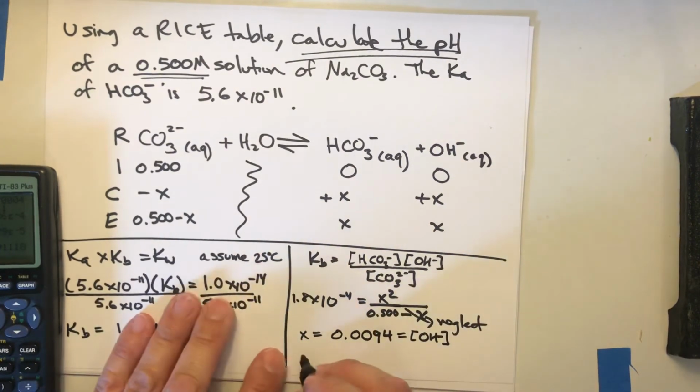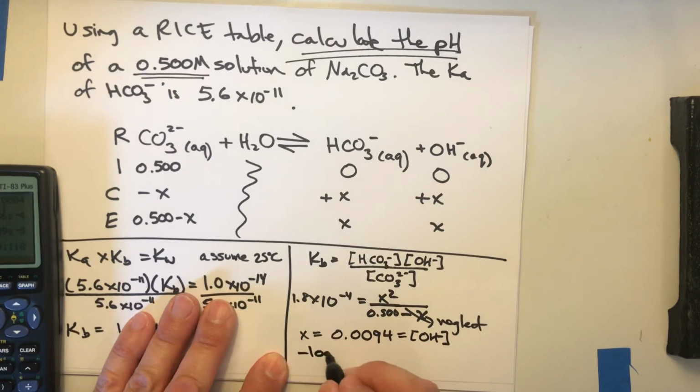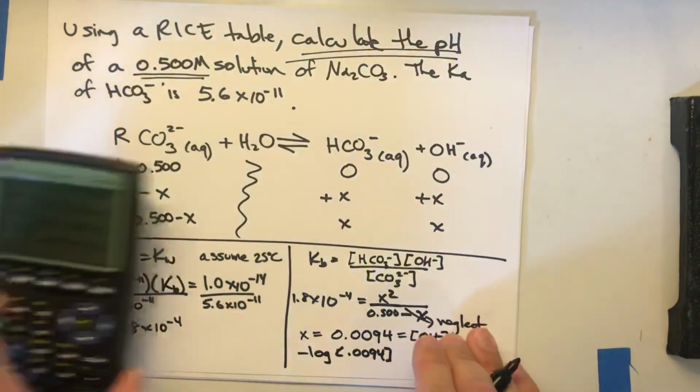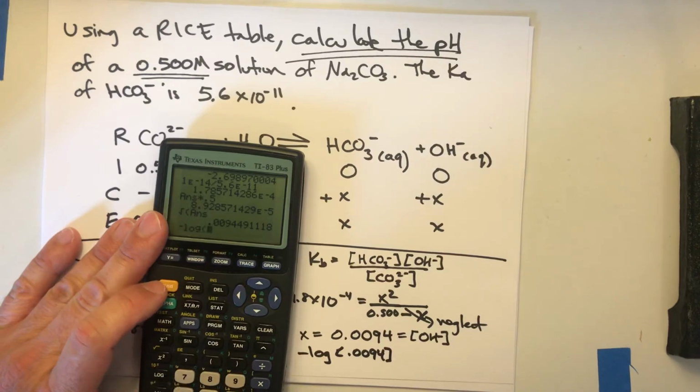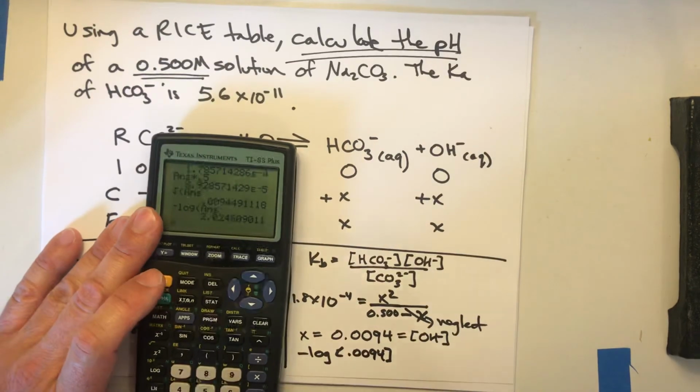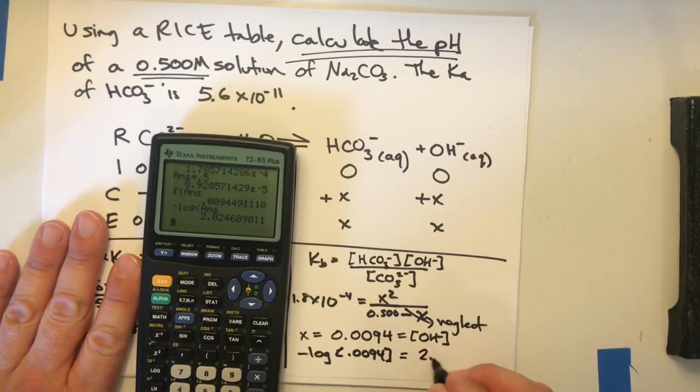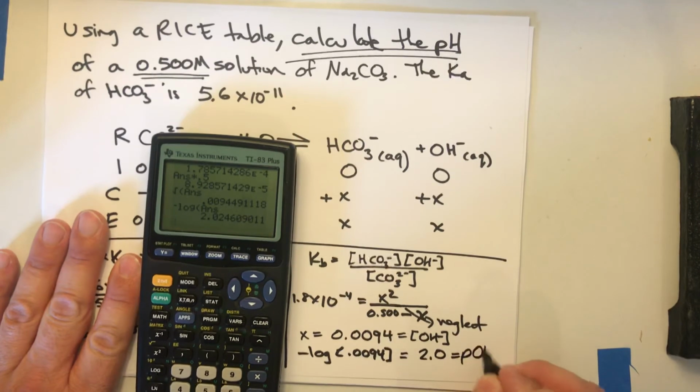So if we take the negative log of that, that's going to give us the pOH. Negative log of our answer, and that's going to be 2.0 is our pOH.